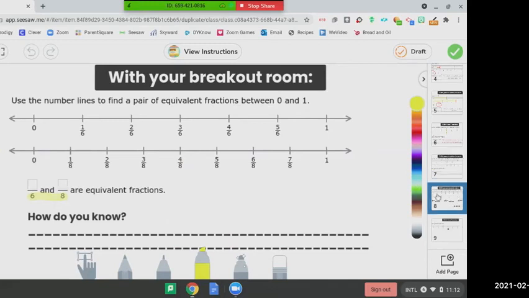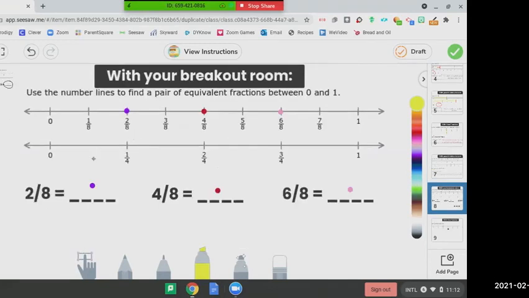On slide 8, you are asked to drag the dot to the matching equivalent fraction on the bottom. So I notice that 2/8 is purple, and here's a purple dot by 2/8. I'm going to drag it to the fraction that it lines up with, and then I will write that fraction on the line here, 1/4. Okay, so in your breakout room, you're going to solve slide 7 and slide 8.